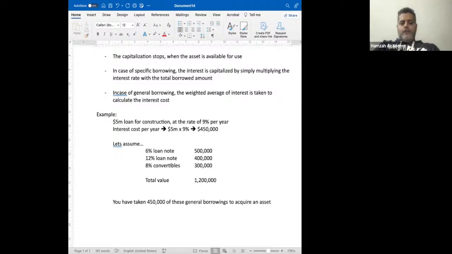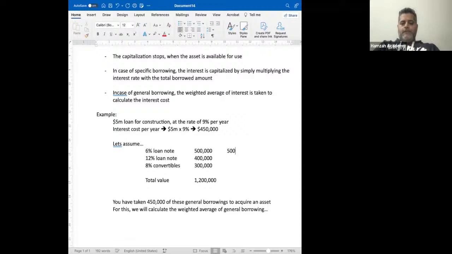Now, for this, we will calculate the weighted average of general borrowing. How? If I go over here, this is 500,000 and the total base is 1,200,000.